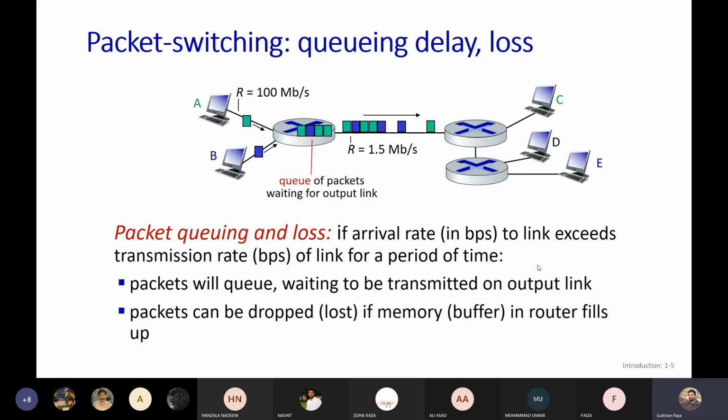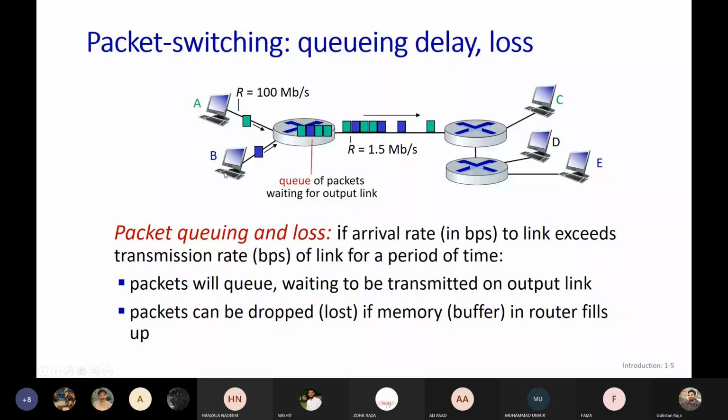If you look at this diagram, there are five nodes, systems or hosts, call them A, B, C, D, and E. And there are three routers in this network. The left router is connected to two hosts, A and B.